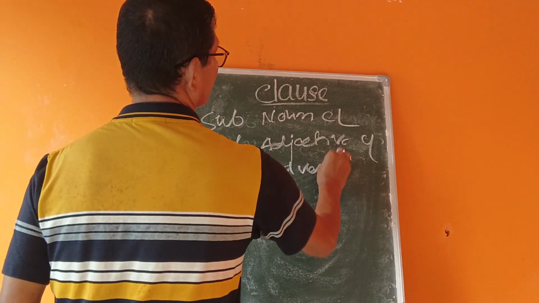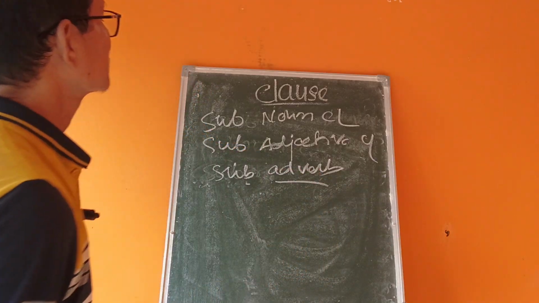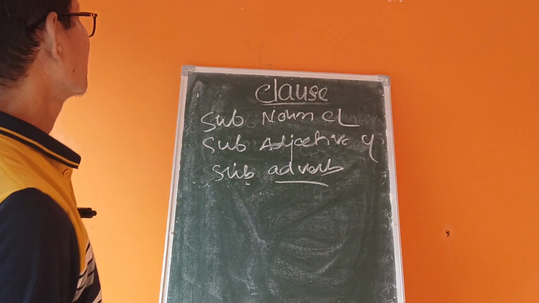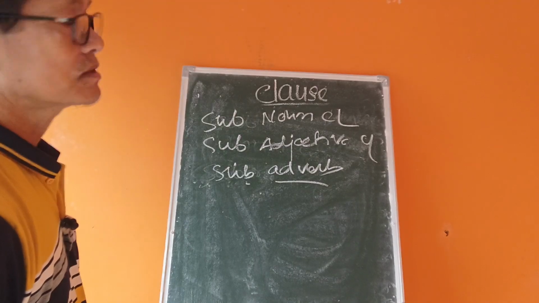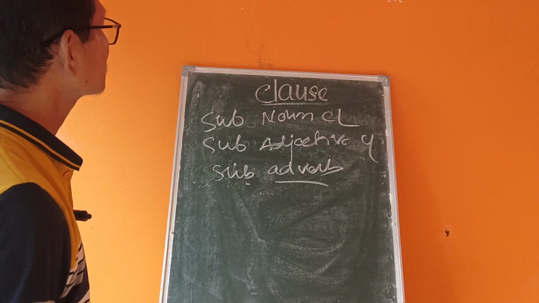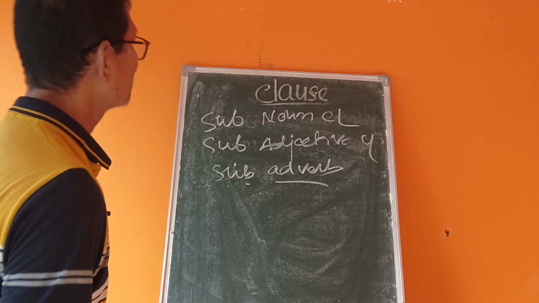Okay? So how many types of subordinate clause? There are three types of subordinate clause: subordinate noun clause, subordinate adjective clause, and subordinate adverb clause.